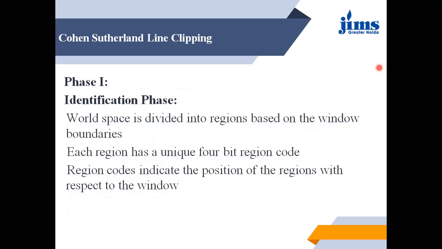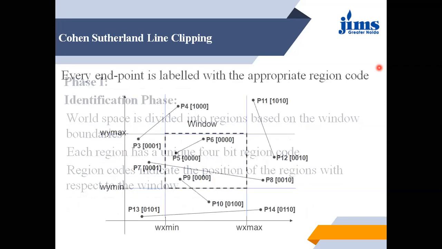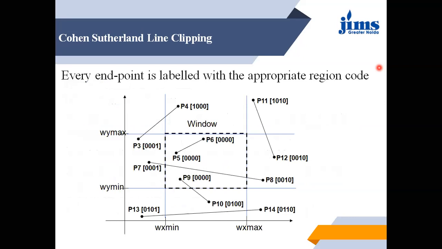As I told you, first we have to identify. There are two ways to find out whether the line is visible or not. First, we have to mark the endpoints with respect to the window region.